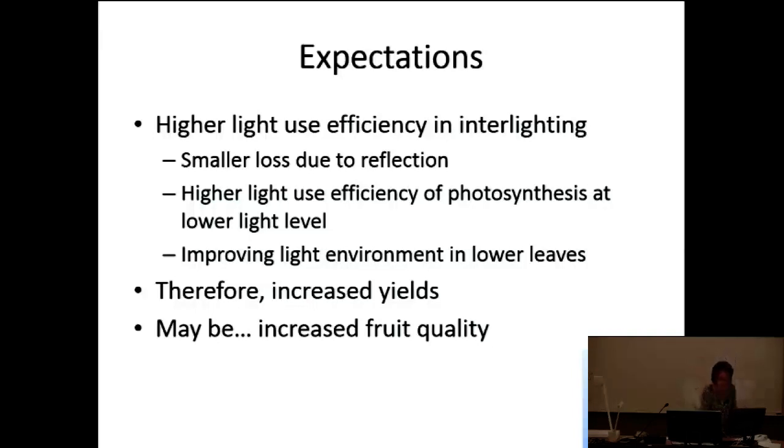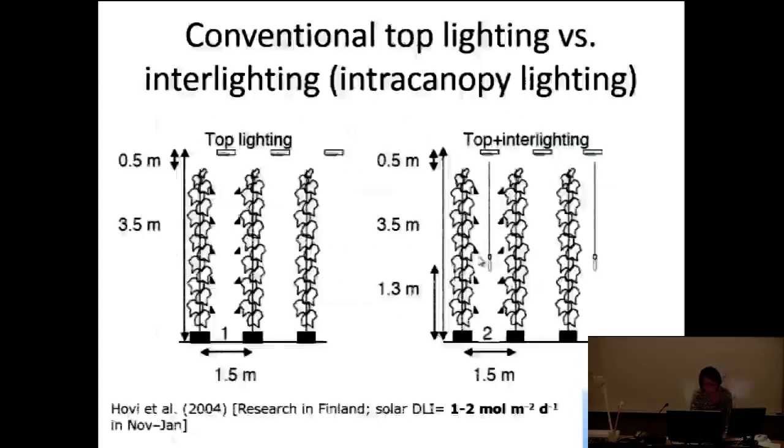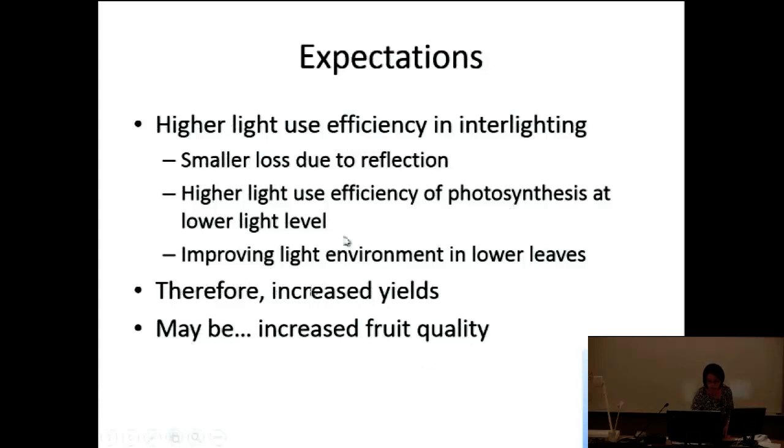The leaves are reflecting the same way, but the reflected light would most likely land on another leaf. So that's why you can use 100% of the light in intercanopy lighting compared to the top lighting situation. That's one of the expectations.